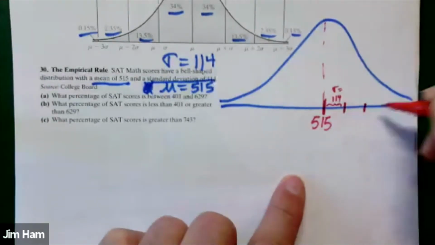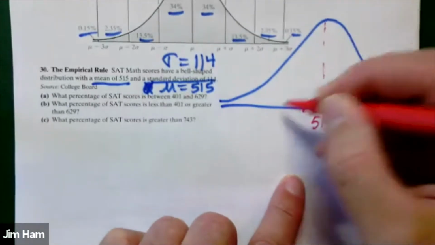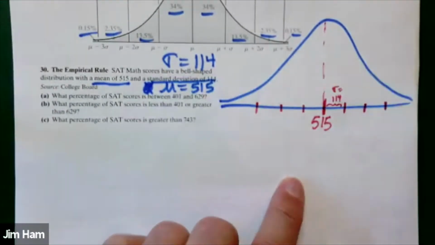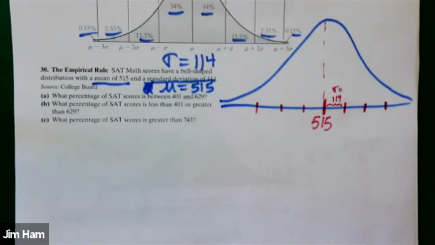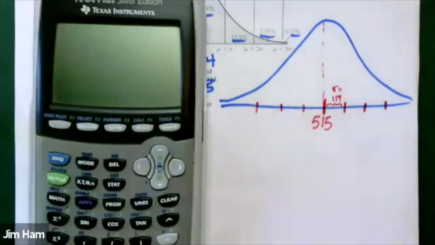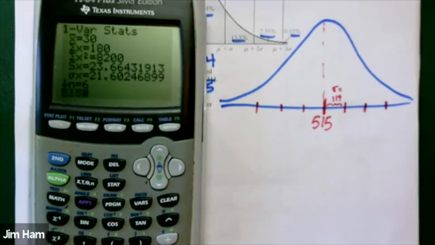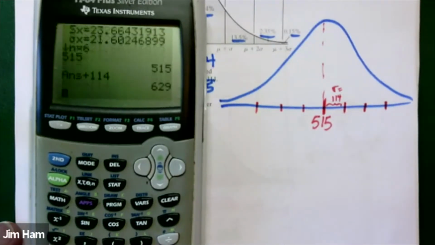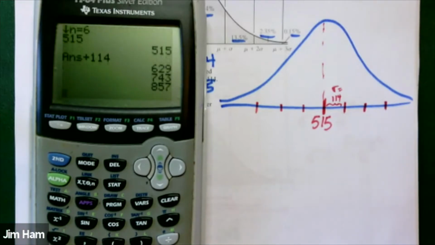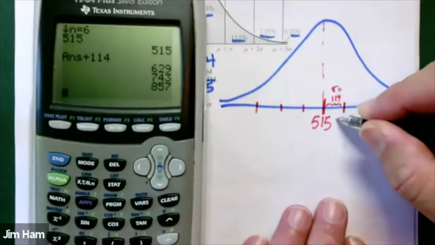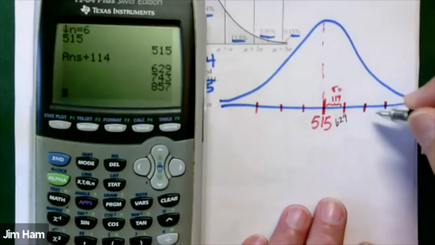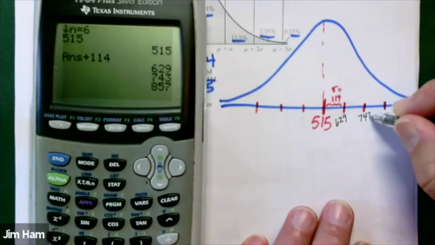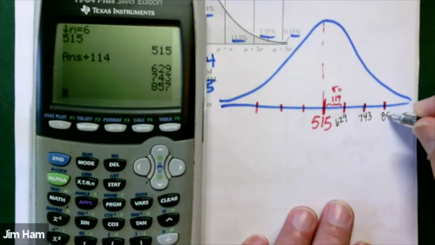You'll add it once, twice, and 3 times to the right, and once, twice, and 3 times to the left. Calculator can do this nicely for you. If you type in 515 and then you add the 114 once, twice, 3 times, it'll give you the markings. So this would be 629, and this would be 743, and this would be 857.